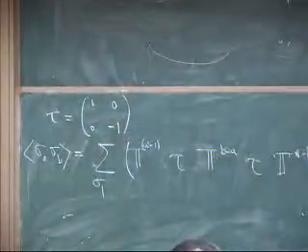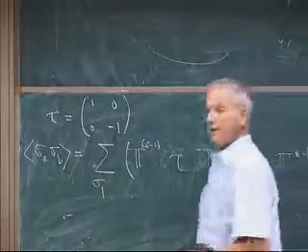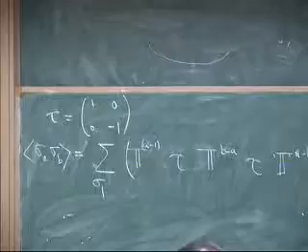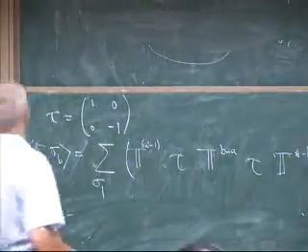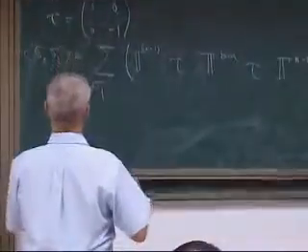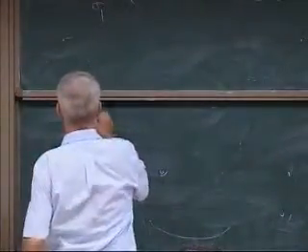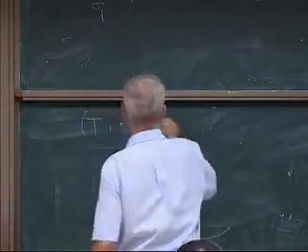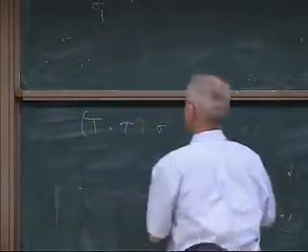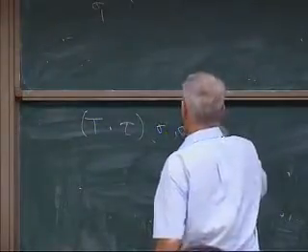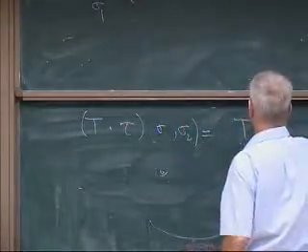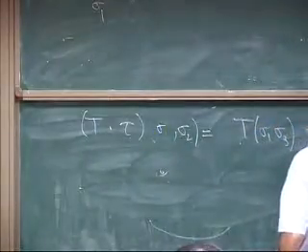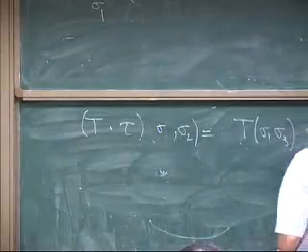So let me repeat. Why is it simple? If I introduce this matrix tau, this is again a matrix product. Because if I take T tau, sigma 1 sigma 2, it is T sigma 1 sigma 3 tau sigma 3 sigma 2, summed over sigma 3.